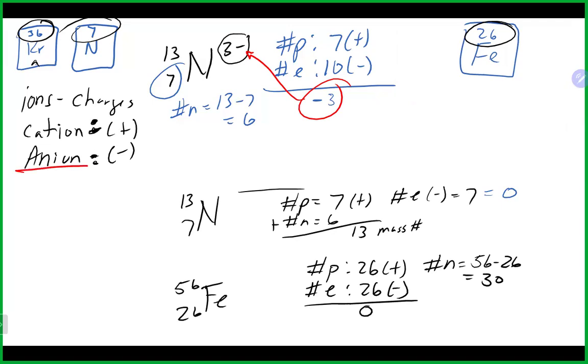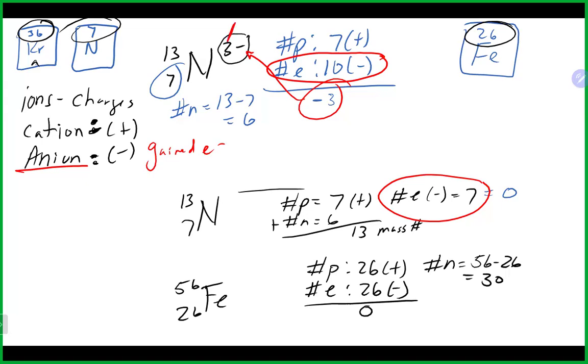If we look at the difference in the number of electrons from the neutral one, which is 7, to the one that has a charge, did it lose or gain electrons? Neutral has 7, the one with the charge has 10, so it gained electrons. And that is why it has an overall negative charge: it has more electrons than it started with. By the way, when you see something with a negative charge, it means it gained electrons.